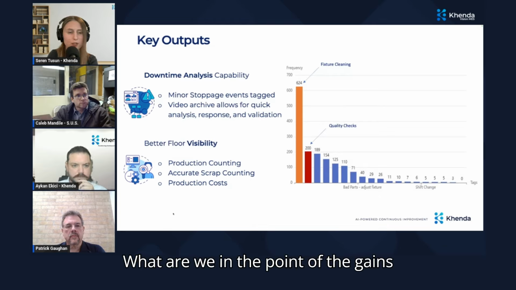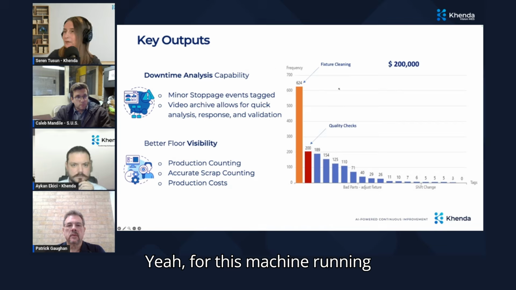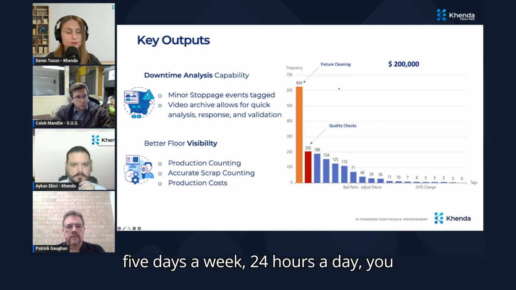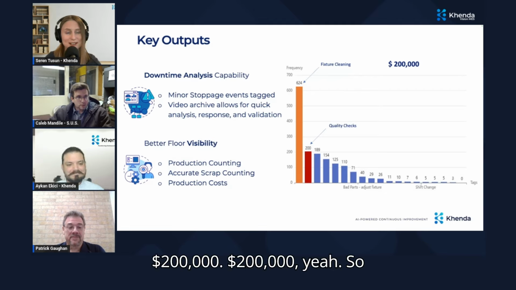What are the gains for the company? I think we have it here. Yeah, for this machine, running 5 days a week, 24 hours a day, you could see an additional $200,000. Yeah.